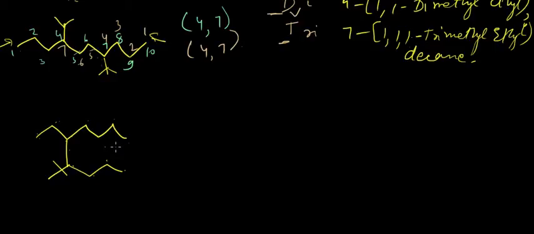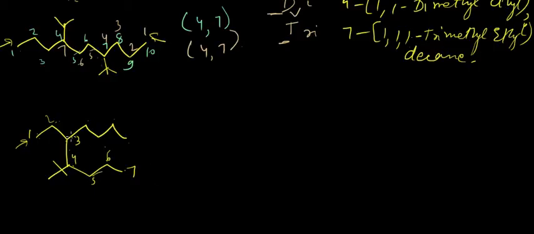So yes, it is a 7-carbon chain only. We can start with either this or this, but I will prefer this one because it has two substituents. Now from where to start the numbering? It's obvious that I'll start the numbering from this carbon: 1, 2, 3, 4, 5, 6 and 7.